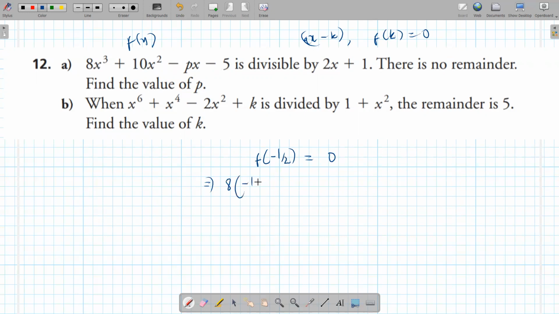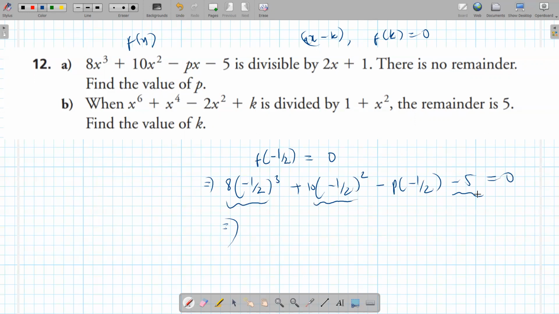So 8 times -1/2 cubed plus 10 times -1/2 squared minus p times -1/2. Okay? And that's how we solve it. -5 equals 0. What I'm going to do, I'm going to plug this, this, and this in a calculator.